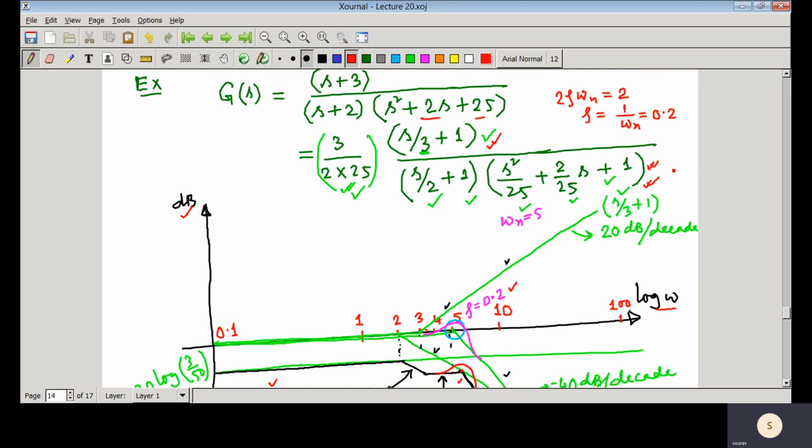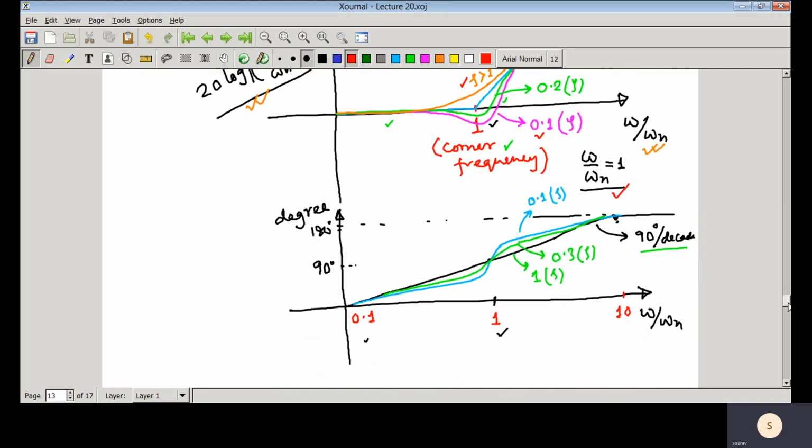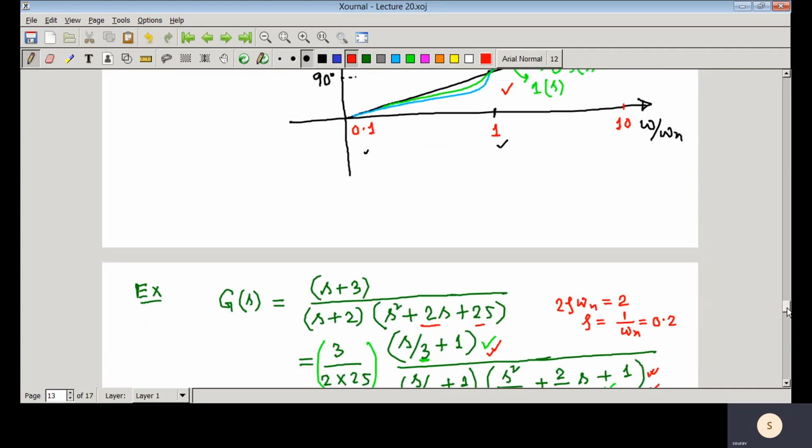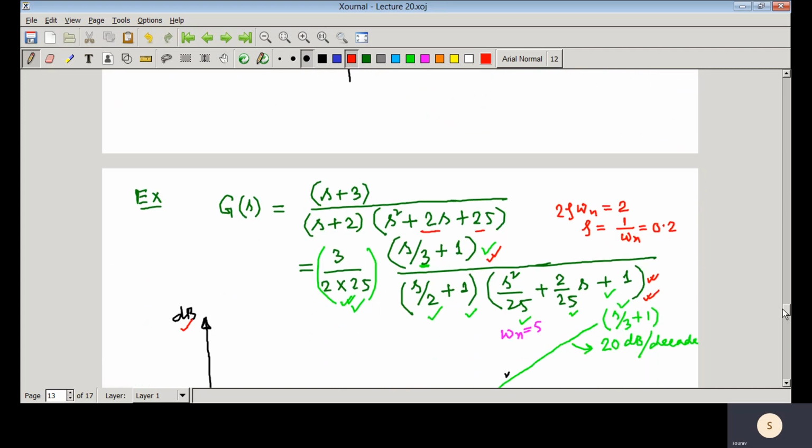And at the corner frequency, as zeta equal to 0.2, you need to correct that one as we have done like this. So this is all about the asymptotic Bode plot.